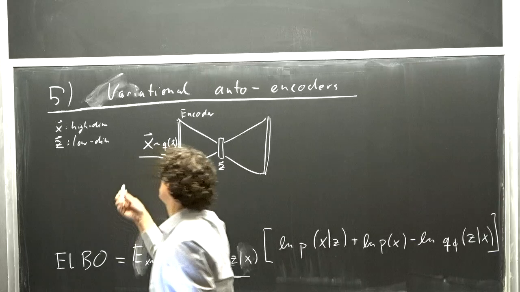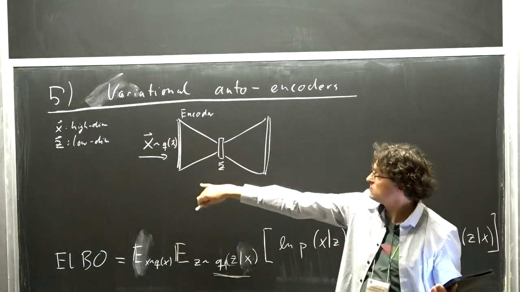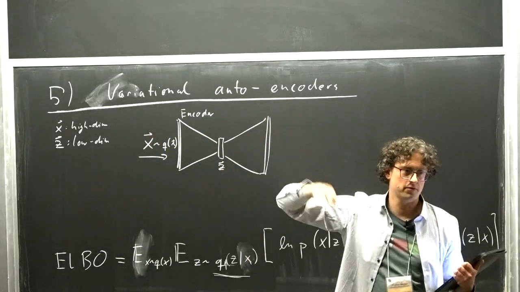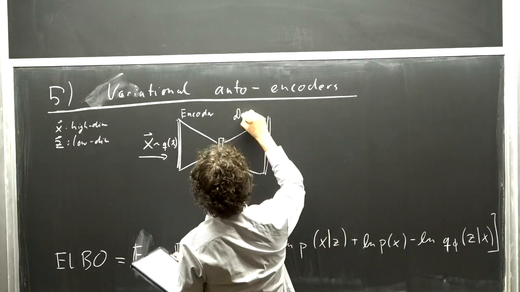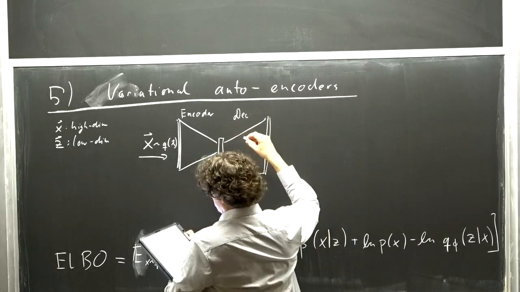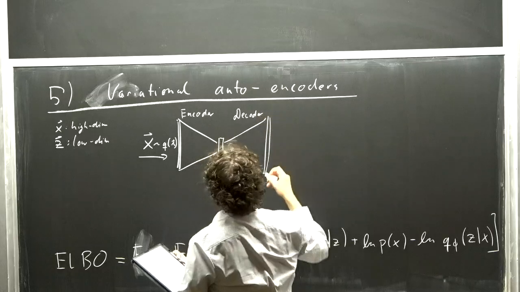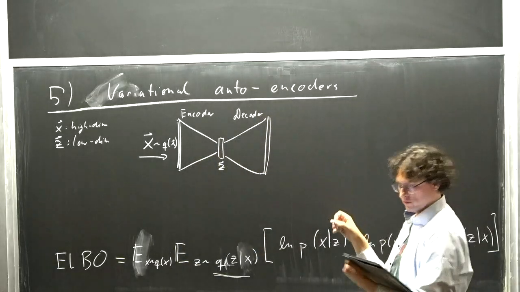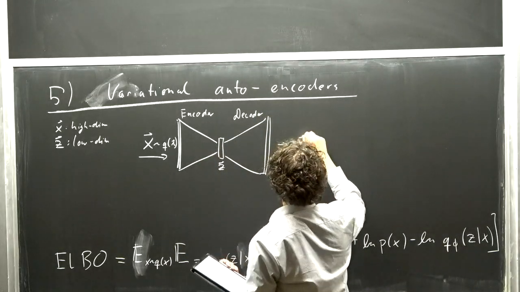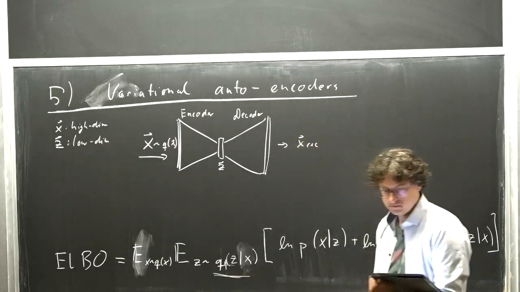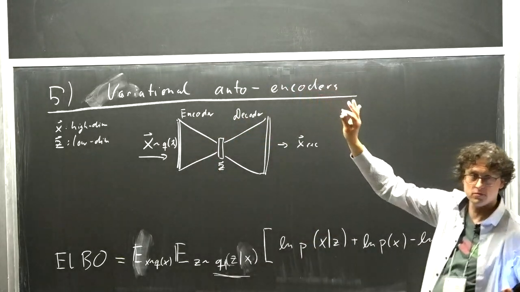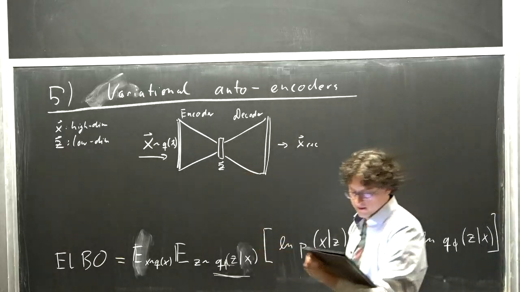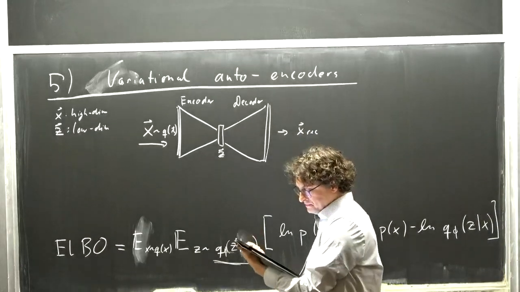For instance, we would try to take high-resolution images and compress them into a vector with 10 components. And we want to compress it such that we can feed the vector into a decoder, which can then reconstruct the original image. So this would lead to a reconstructed image. That's in general the idea of an autoencoder, to find low-dimensional embeddings of data that we have.